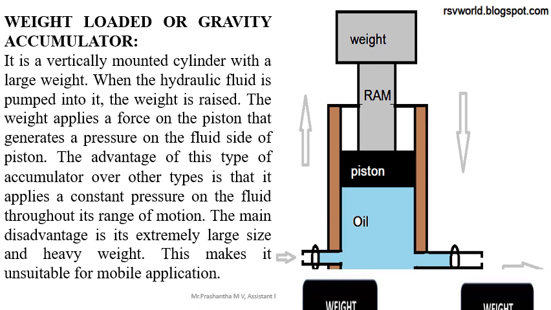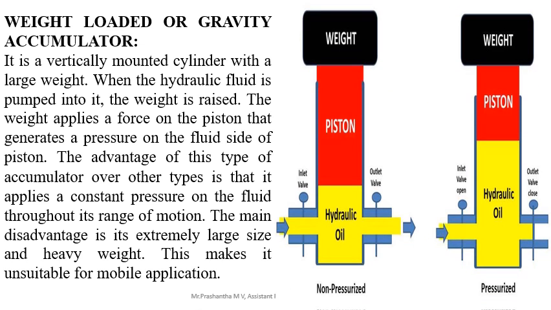Now let us go through the operation in this configuration, with inlet and outlet. In the inlet, what will happen? The pump output comes to the inlet and the pressurized fluid acts on the piston. The piston travels up against the weight.